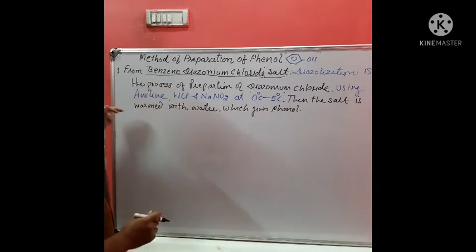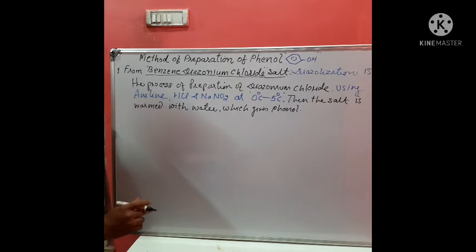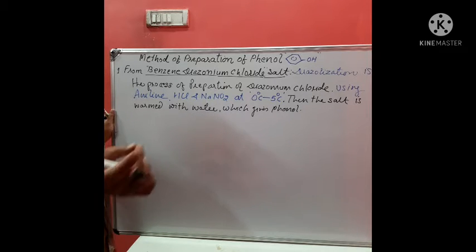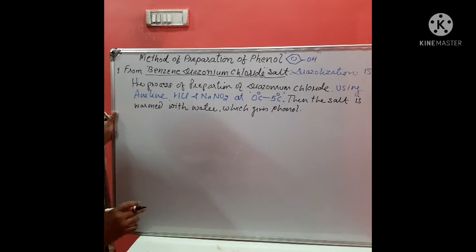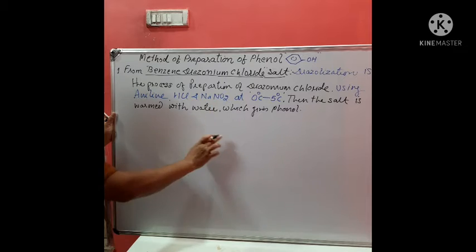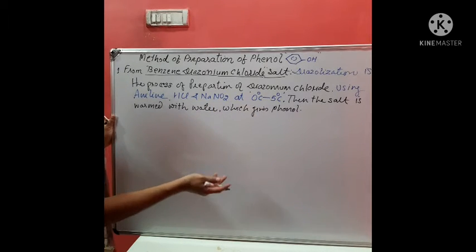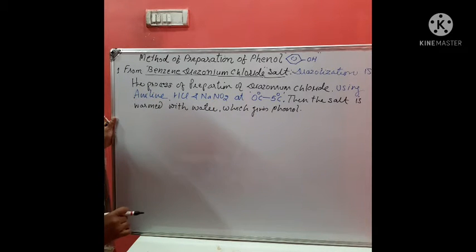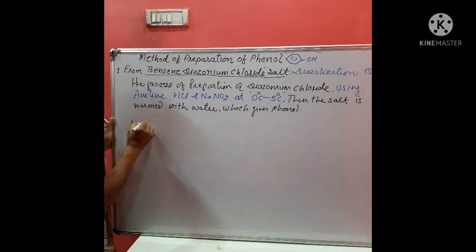So students, the first step I am not writing because it is already mentioned. I am directly writing the second step, that is warming up of benzene diazonium chloride salt with water to form phenol. Now what is benzene diazonium chloride salt?